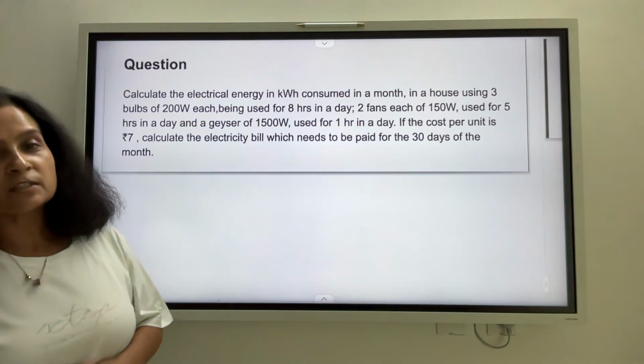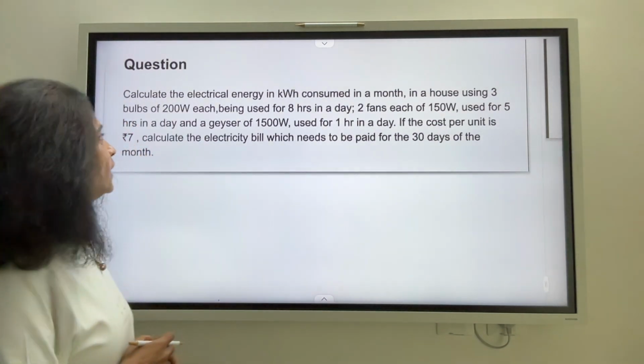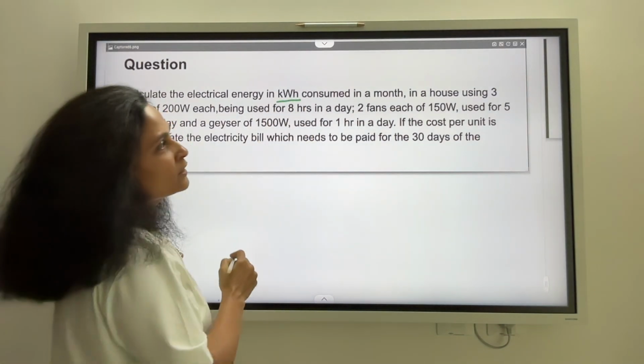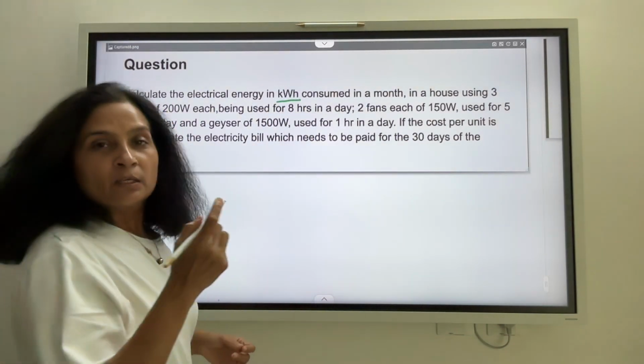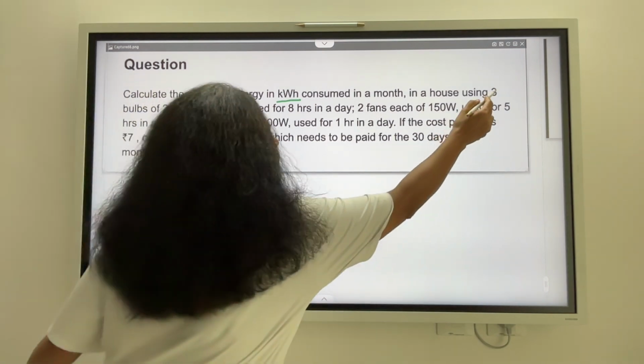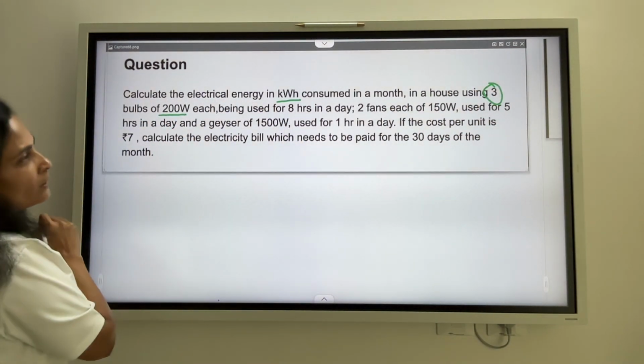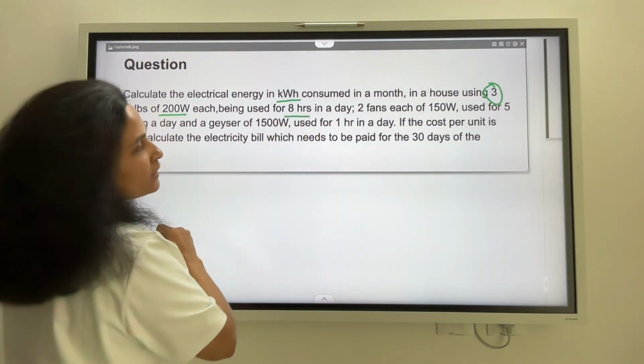So here it is, our next question. Calculate the electrical energy in kilowatt hour consumed in a month. In the house you have 3 bulbs, each 200 watt, used for 8 hours in a day.